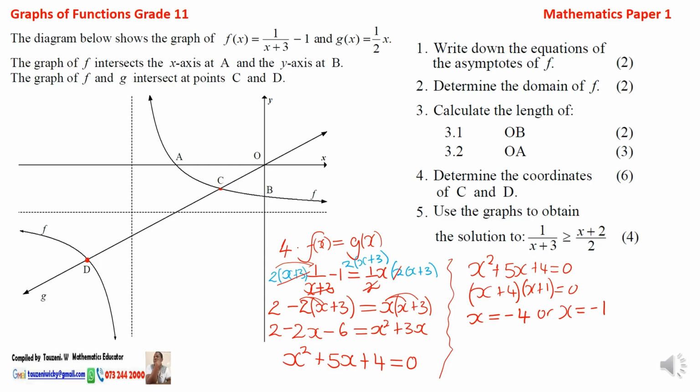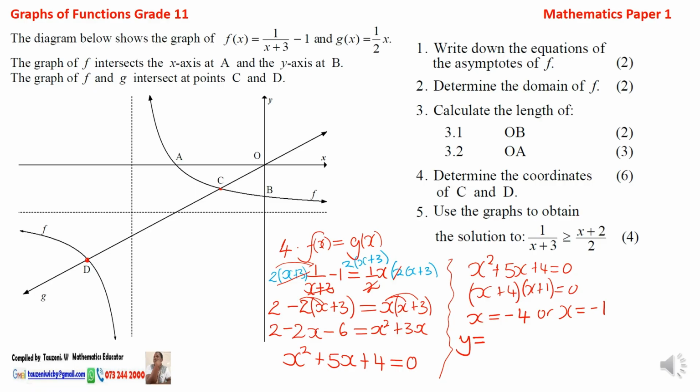Now I have got my two values of x. I must choose which one is for C and which one is for D. D is on the far left, therefore the value of x there can only be the smaller one, which is negative 4. So to calculate the value of y, we use one of the two equations, the equation of f or the equation of g.